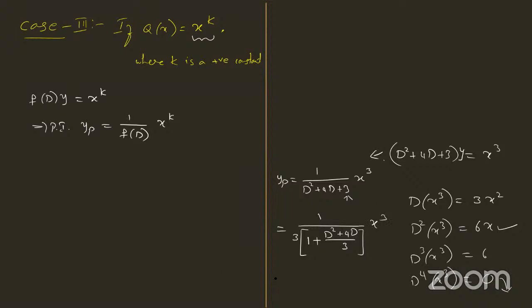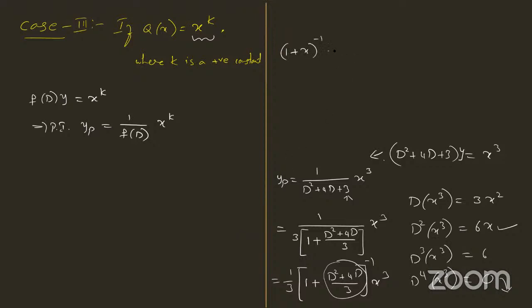What happens as a result of this? You can now take all this expression to the numerator so that you can write it as 1 plus D square plus 4D divided by 3, whole to the power of minus 1, x to the power of 3. Now if you take all this expression, D square plus 4D divided by 3, as some x, if you just intuitively assume it as x, it looks like 1 plus x whole to the power of minus 1.